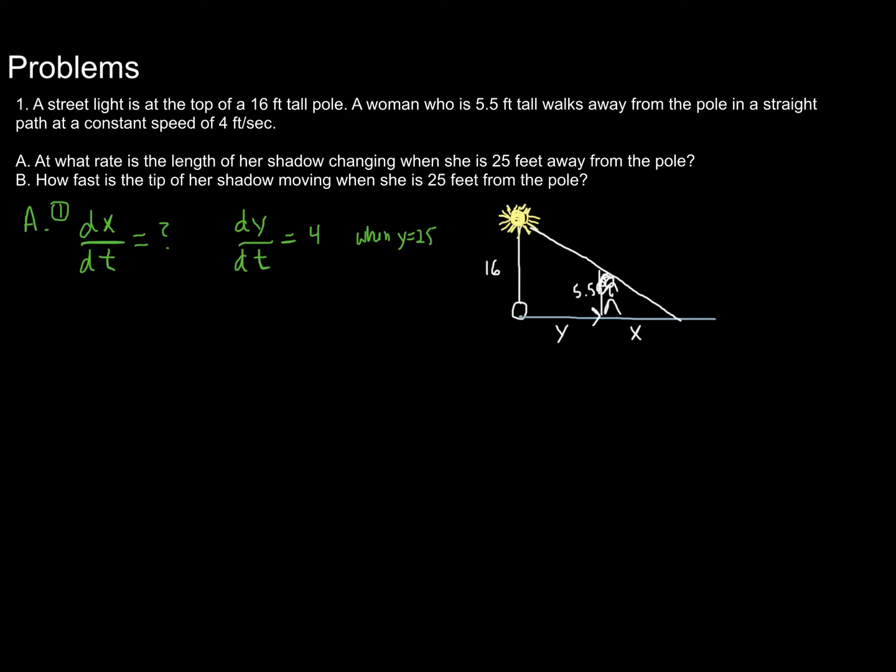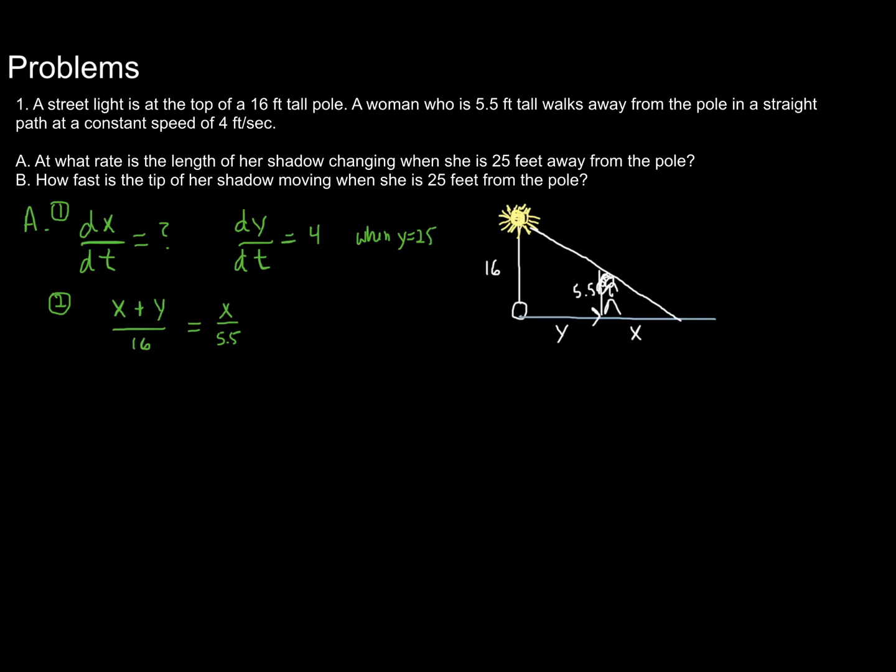Now what I know about similar triangles is that their corresponding side lengths have the same ratio, which means the ratio between this side length and this side length is going to be the same as the ratio between this side length and this side length. Since those ratios are equal, I can write an equation using that piece of information.